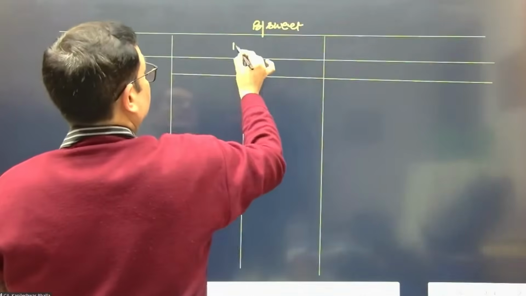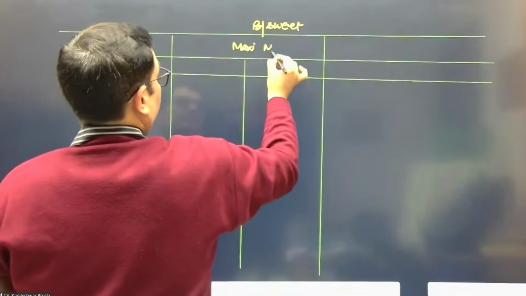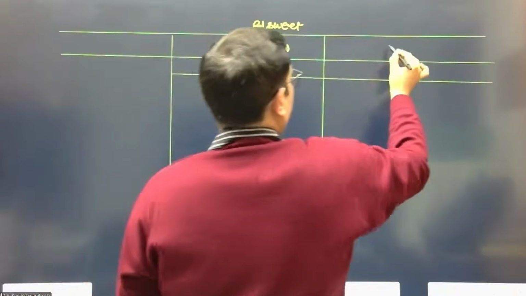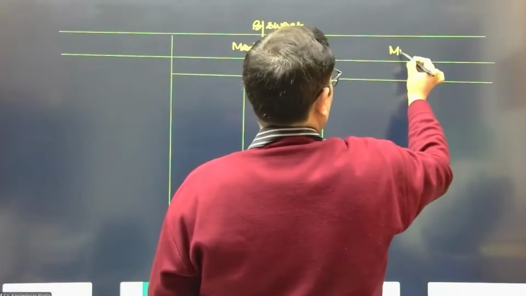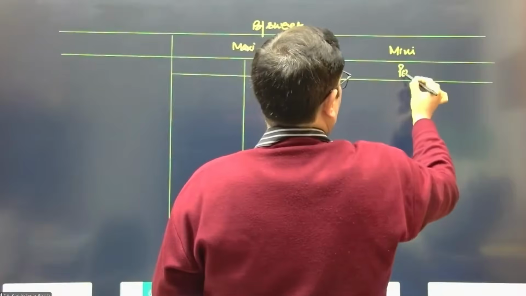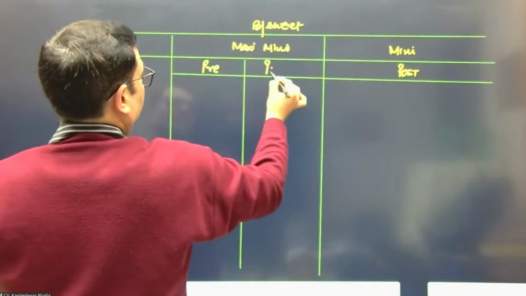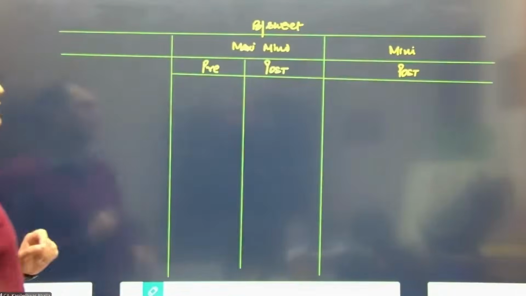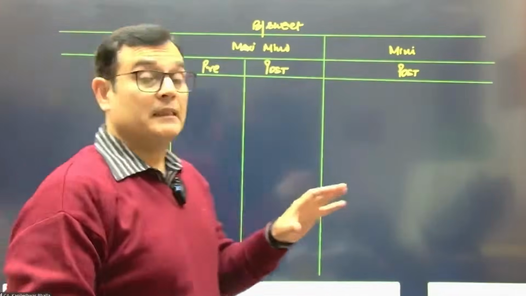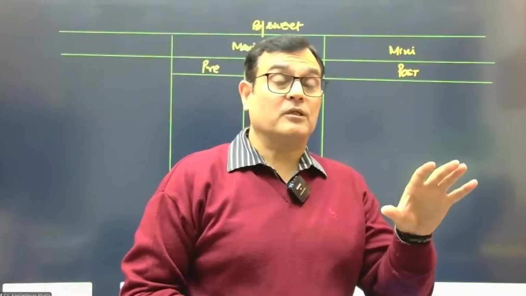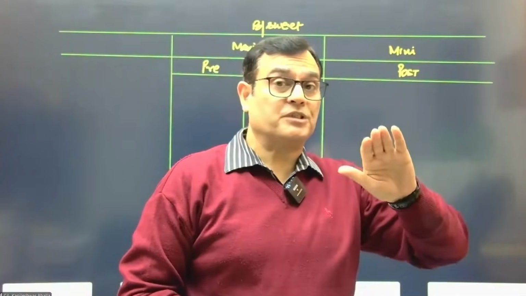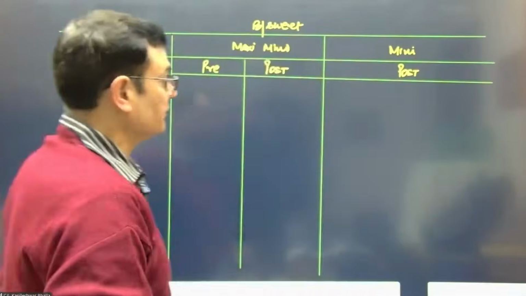This is Maximini and this is Mini. This is pre and this is post demerger. So we can see the comparative position very clearly because the question is explicitly asking for the inputs in terms of pre and post demerger.